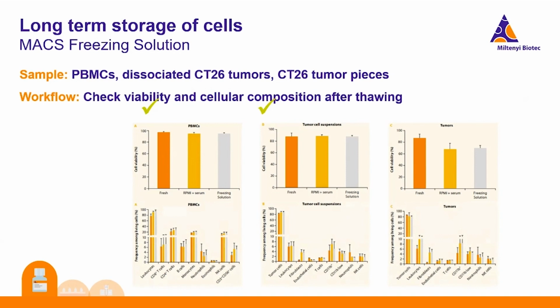It is a ready-to-go solution. So whenever you would expect some negative effects that are due to the serum in your freezing solutions, this is not true for our freezing solution because it's completely animal component free.